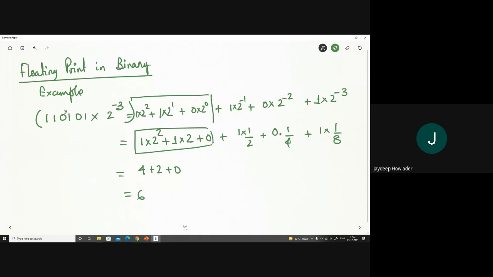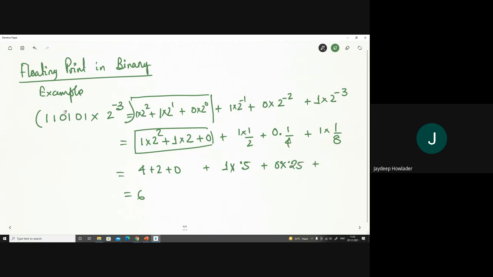So if we keep on computing, this value is basically 1 into 0.5. 0 into 1 by 4 means 0. And what is 1 by 4? 0.25.